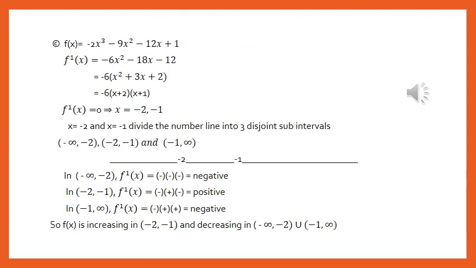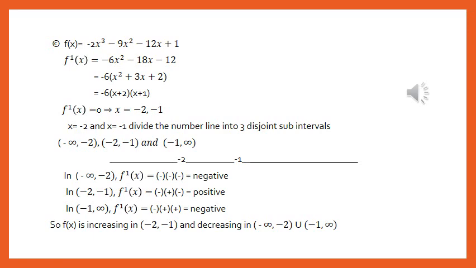Question number C. f of x is equal to negative 2x cube minus 9x square minus 12x plus 1. As usual, let's get f dash x, that is negative 6x square minus 18x minus 12. We want to factorize it.